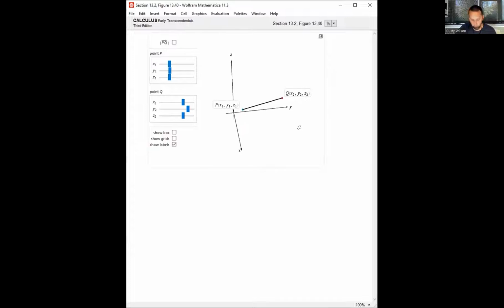Okay, so here is a point P and a point Q. And if we want to find the length of this vector, then all we're doing is looking for the length of this hypotenuse, right?